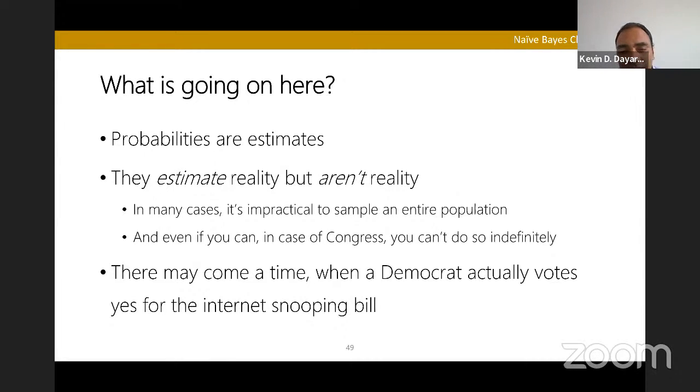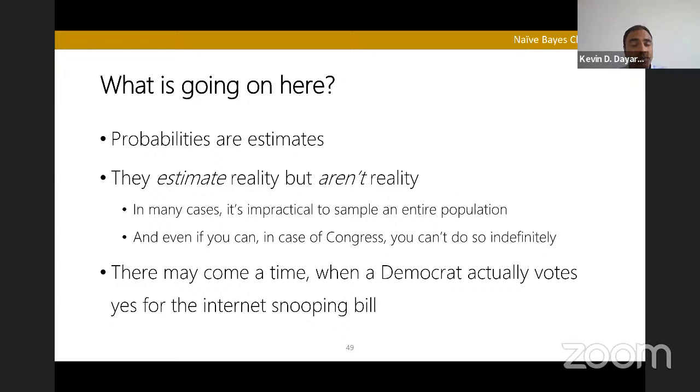How, for example, are you going to sample the entire American population? Or even sample every single customer that goes to a particular store? You have nice records for people who use credit cards or loyalty cards, but what if they use cash, for example? So there may come a time when a Democrat actually votes yes for the Internet Snooping Bill.